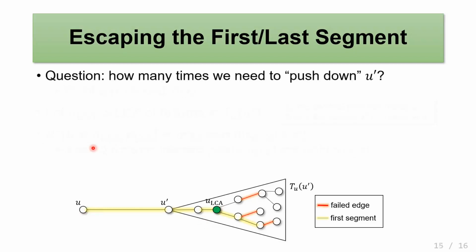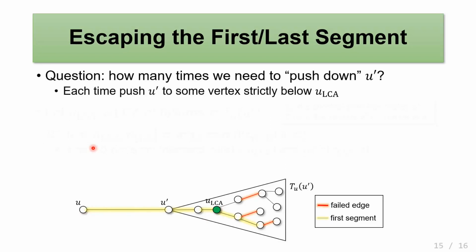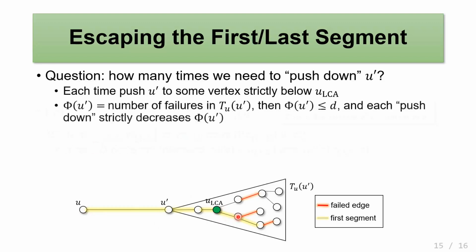Consider the question again. How many times do we need to push down U prime? Each time we push U prime to some vertex that is strictly below U LCA. So let phi U prime be the number of values in Tu U prime. Then phi U prime is at most D, and each push down strictly decreases phi U prime, because you push down U prime to some vertex that is strictly below U LCA.